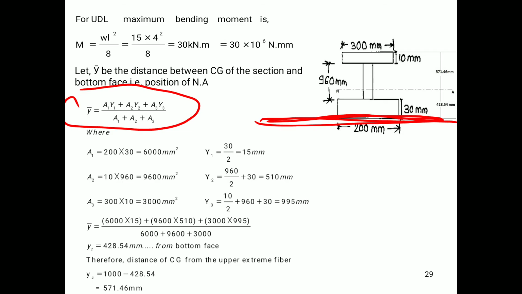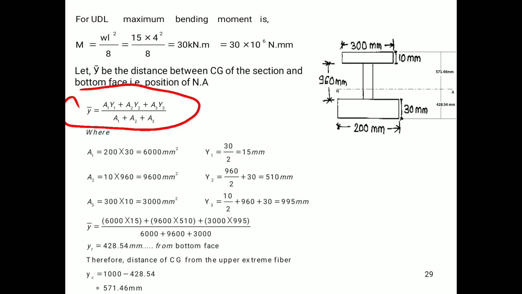This side we have considered as a reference line, and with respect to that we have calculated the value of area and also the values of y1, y2 and y3. If you require, you can find the value from the top face also, but in this numerical we have found it from the bottom face. Therefore the value of yt is 428.54 mm from the bottom face.